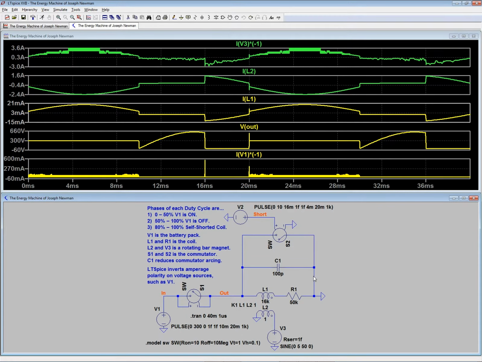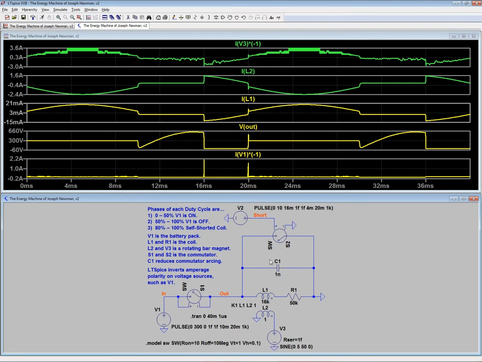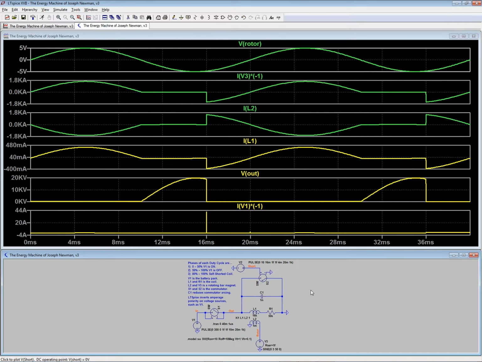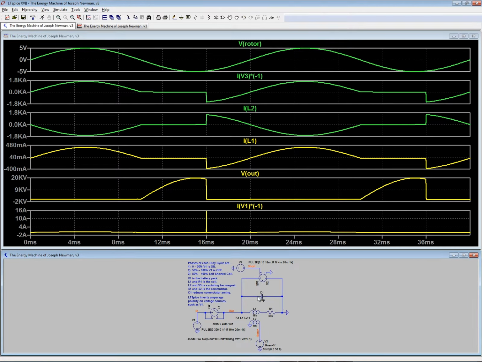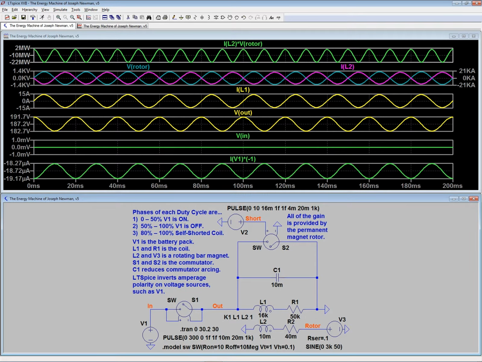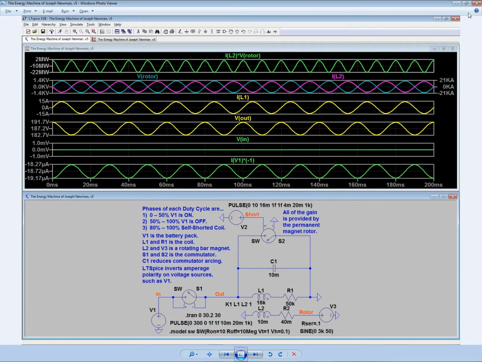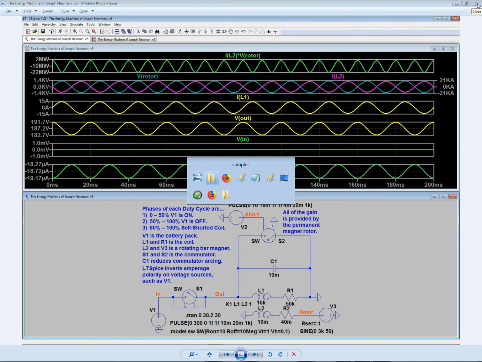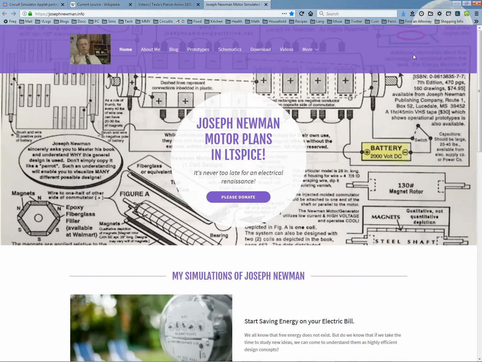But if you make it more efficient by choosing the right capacitor value and put a neon bulb in series with that capacitor, so that the capacitor and the neon bulb in series with each other are in parallel with the massive coil, then the efficiency goes up and you don't have to self-short anymore. At least I didn't have to do that in the simulations. So let's stop this.